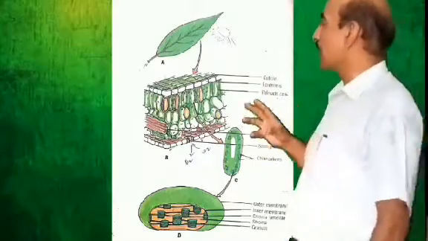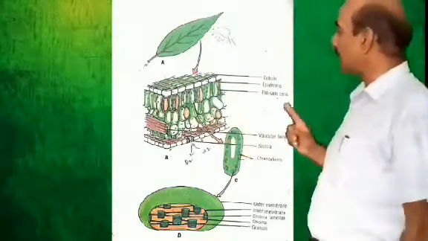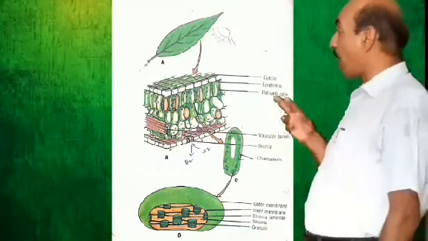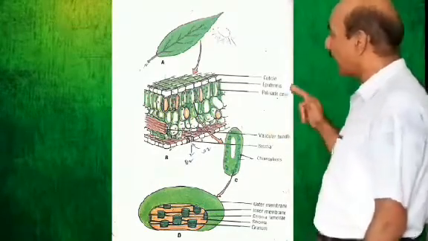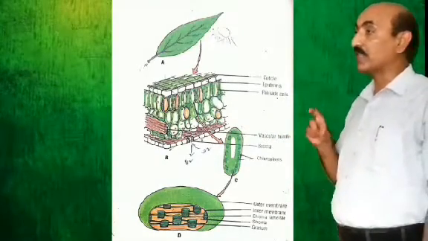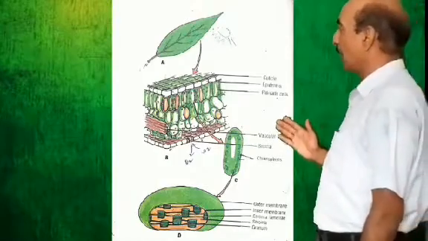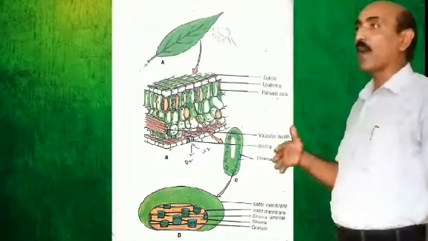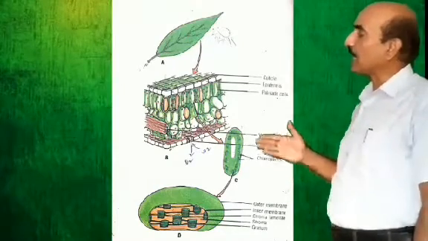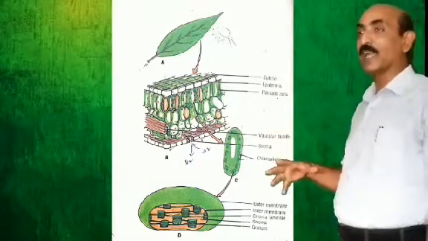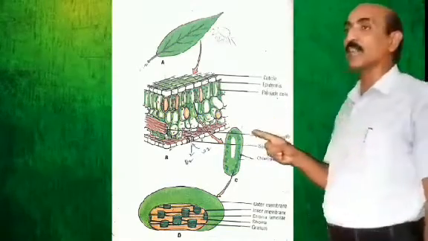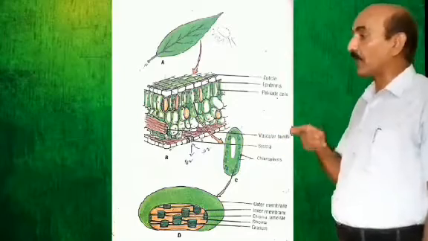In fact, there are so many pigments that act as a photosynthetic pigment, but among all, chlorophyll A is the most important photosynthetic pigment that does photosynthesis. Other pigments like phycobilins, phycoerythrin, xanthophyll are the accessory pigments, and they trap the different spectrum of sunlight and then they transfer that light to chlorophyll A.